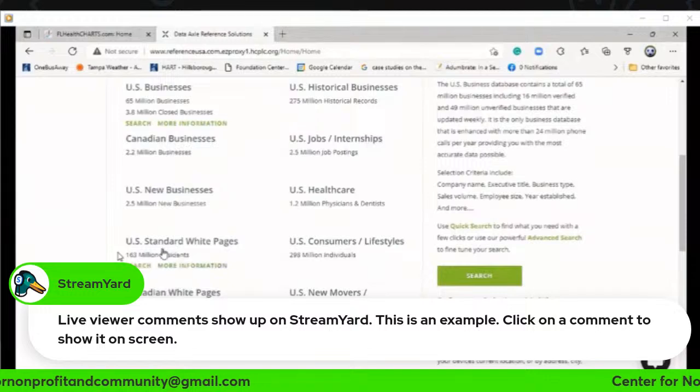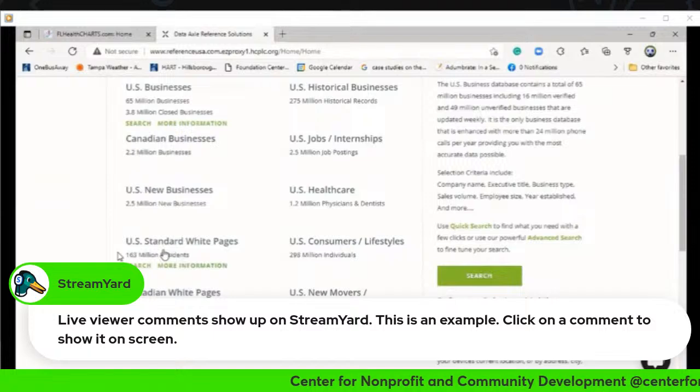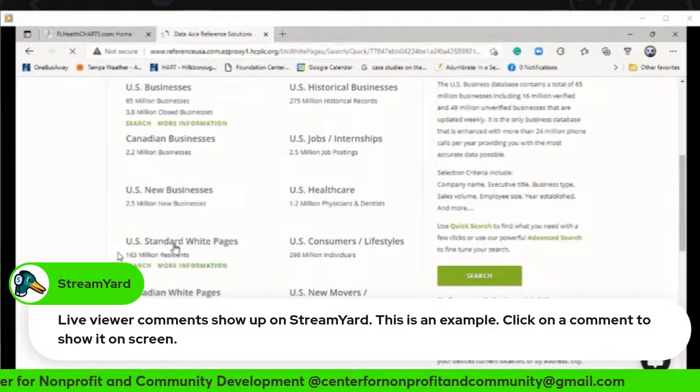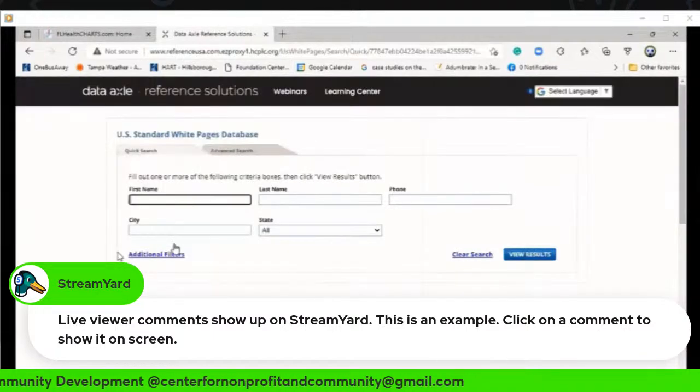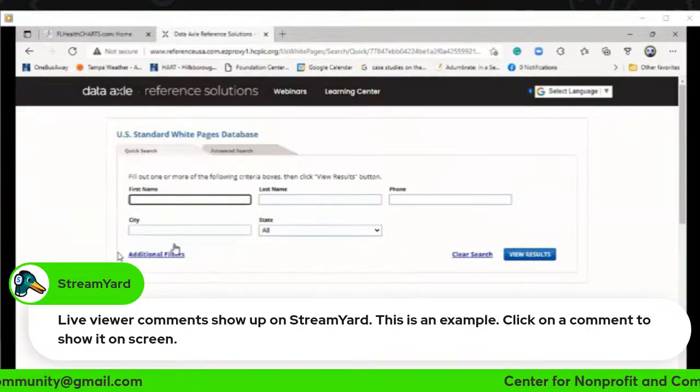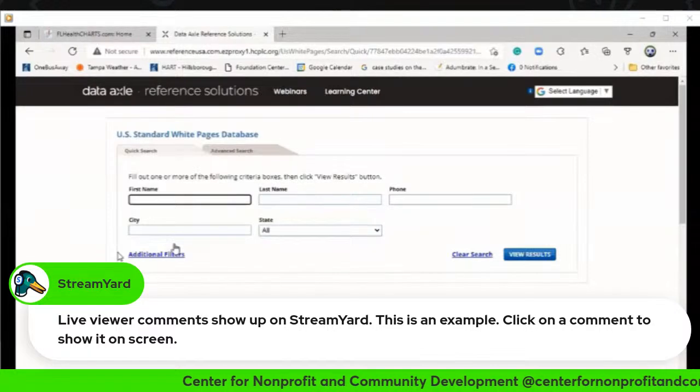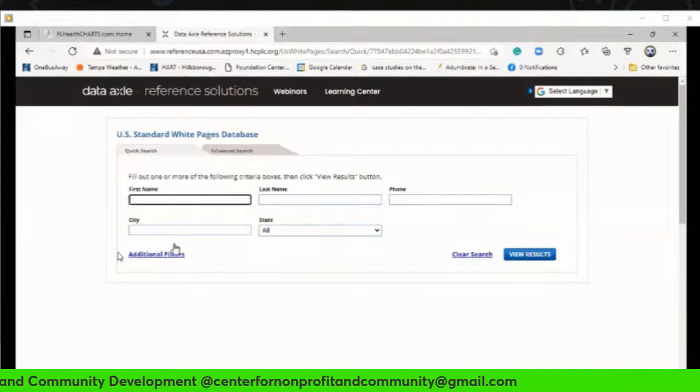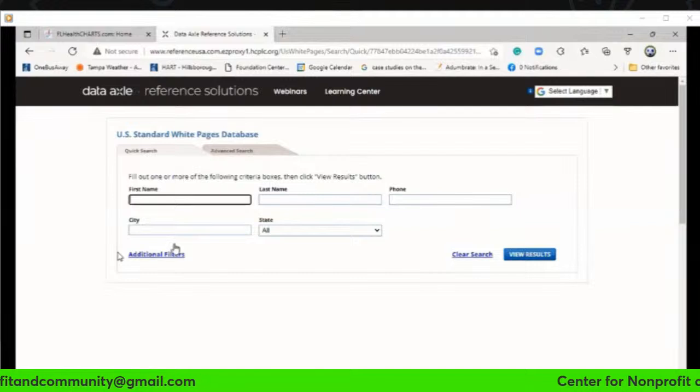Another thing you can do here is called the United States White Pages. If you're trying to get some information related to your community on the street level, and you're trying to get demographic and economic information that you need in order to show how bad the problem is in your community, let's show how you can do it.